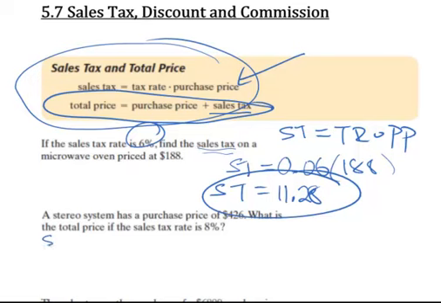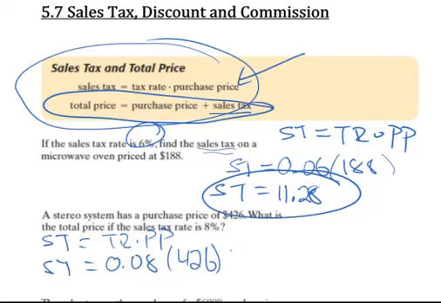So again, my formula is sales tax equals tax rate times my purchase price. So my tax rate is 8%. As a decimal, that's 0.08. My stereo costs $426. So again, I'll take my calculator, 0.08 times 426.